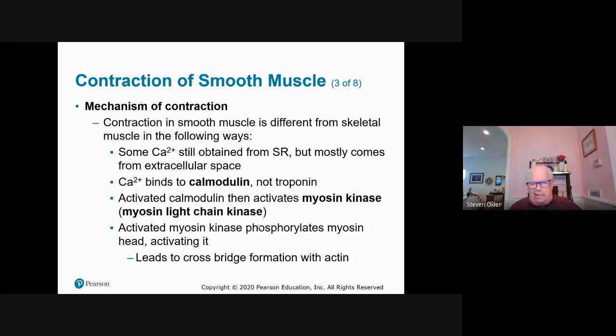It's different from skeletal muscle in that calcium, even though it's obtained from the sarcoplasmic reticulum, the majority comes from the extracellular space, not the T tubules. Calcium binds to another protein called calmodulin, not troponin.